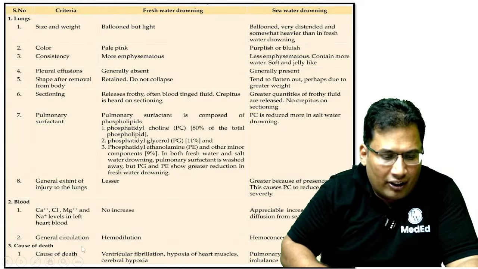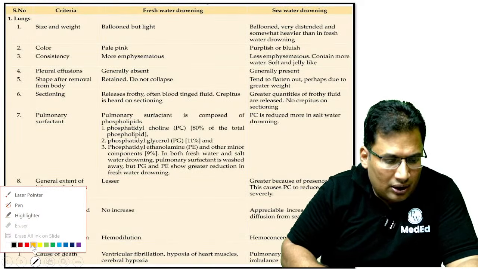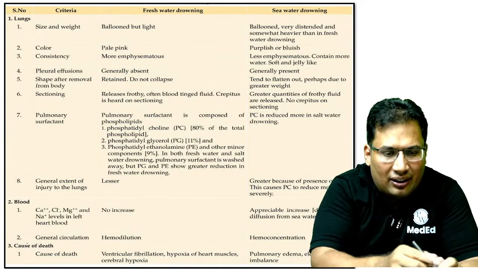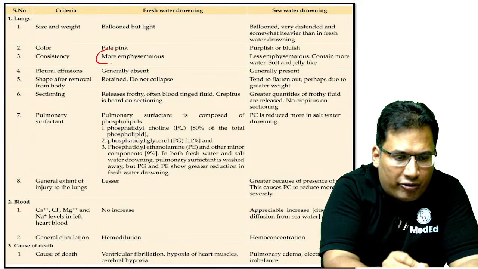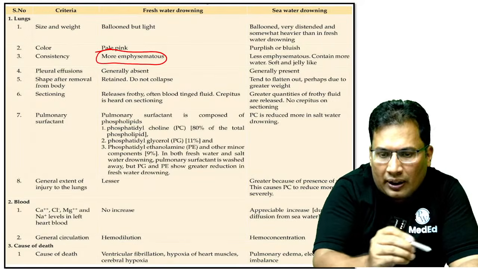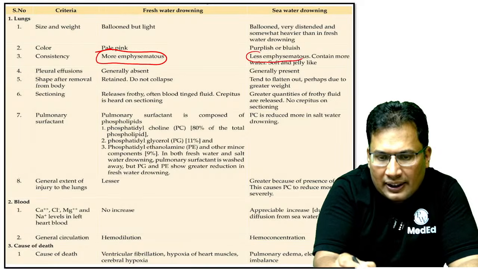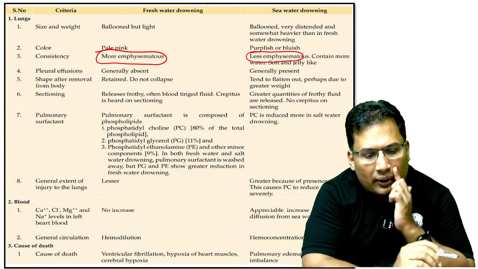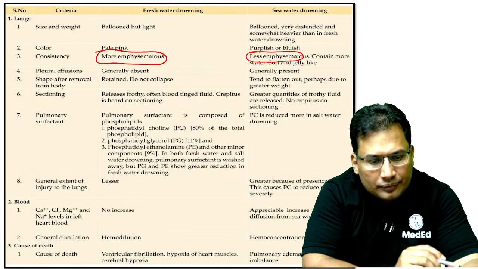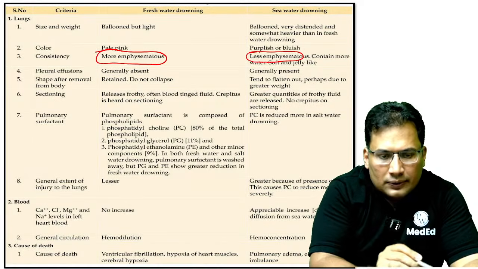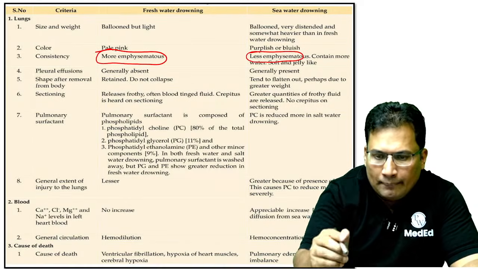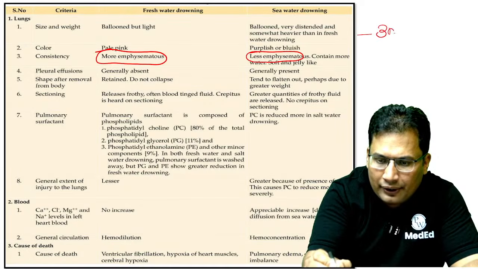This is again a very important concept. I'm not going to discuss this theory basically. More emphysematous in case of fresh water, less emphysematous in sea water. This is what is important. So again, this can be a 3 marks question.